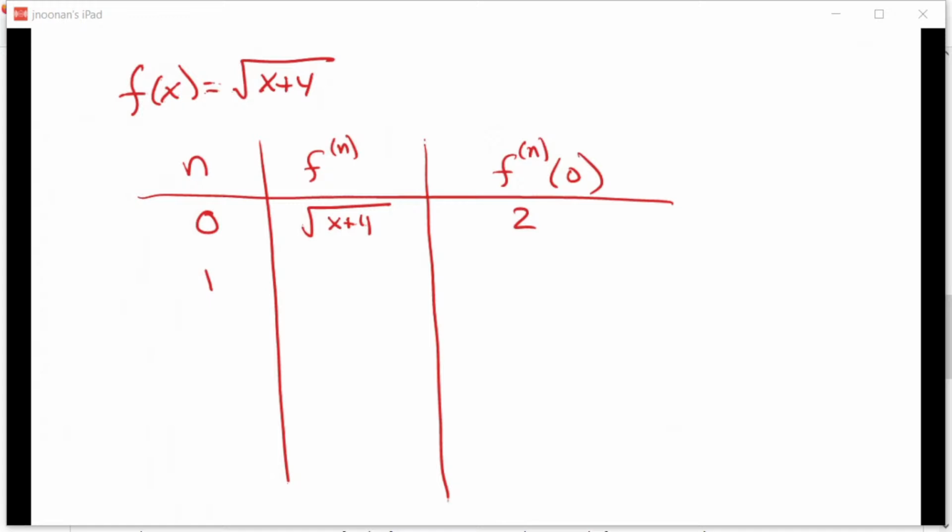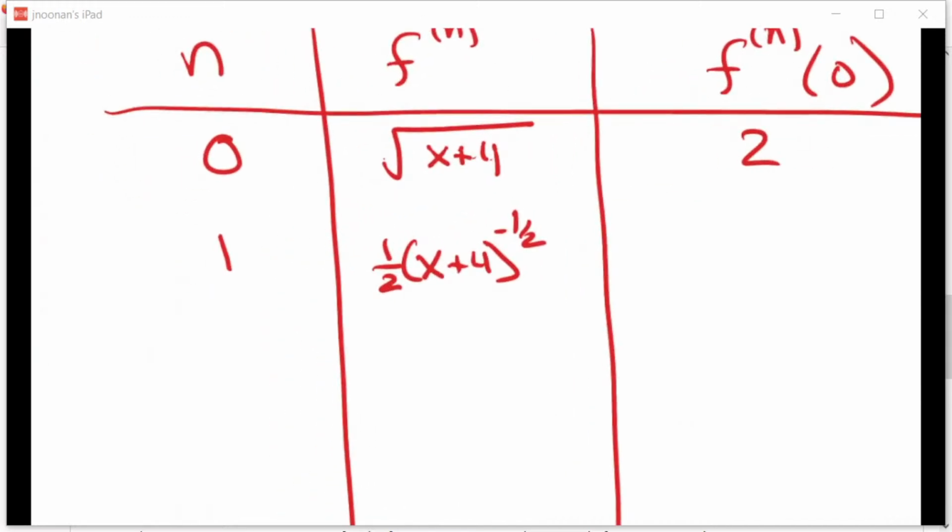Lucas is here. Do you know the derivative of x plus 4, square root of x plus 4? Is that right? So times 1, chain rule. So you're correctly doing the chain rule, but there it is.